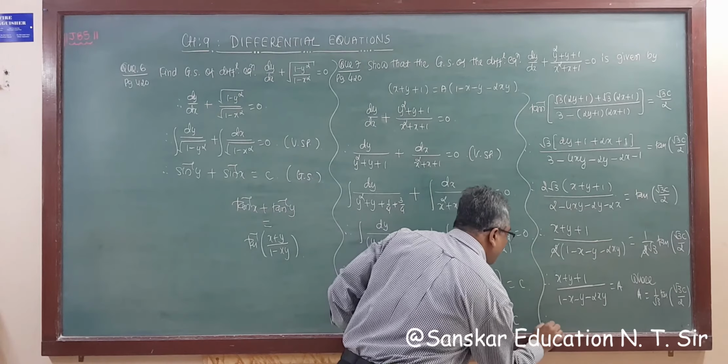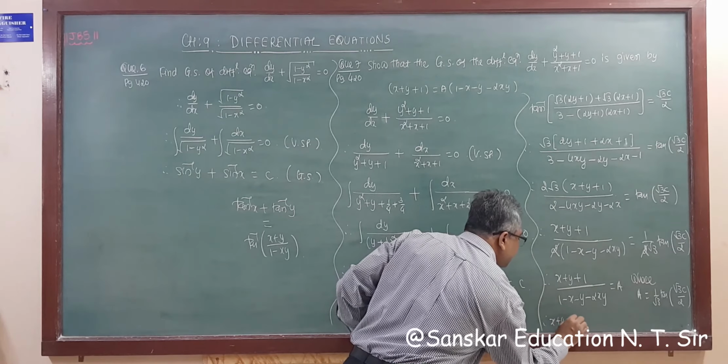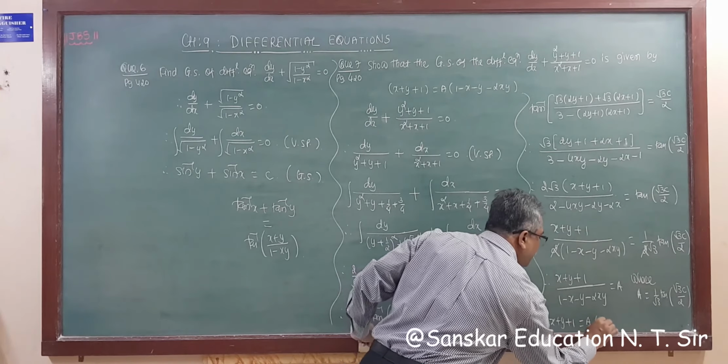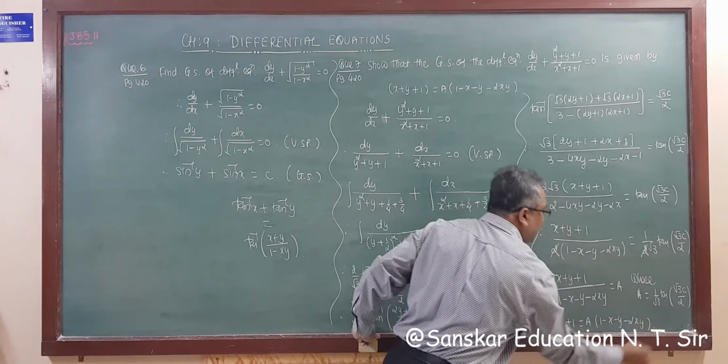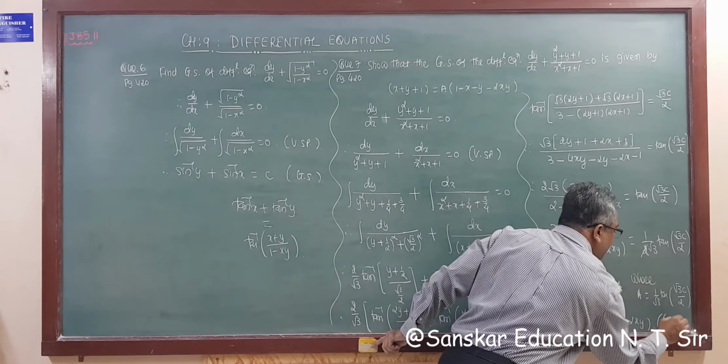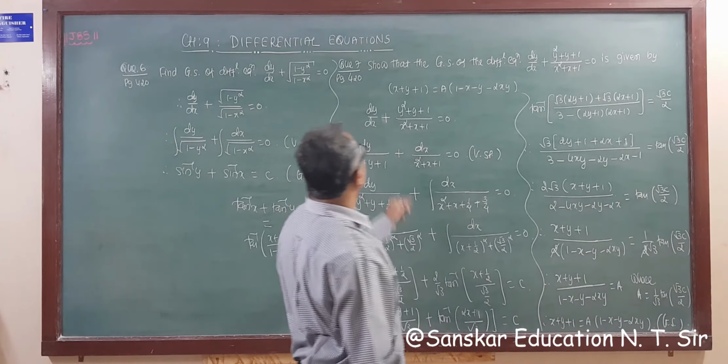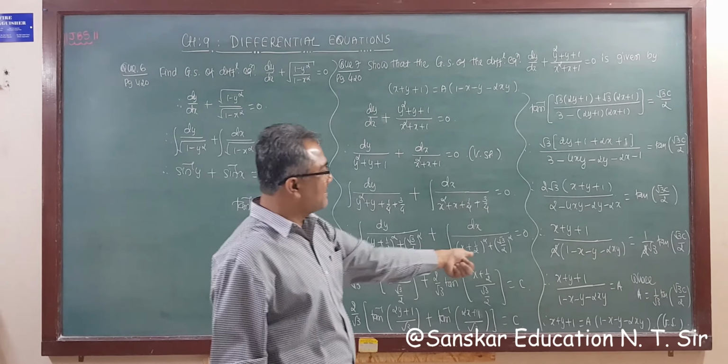So therefore x + y + 1 is equal to a into (1 − x − y − 2xy), which is the general solution of the given differential equation. So that is the general solution of this equation, right?